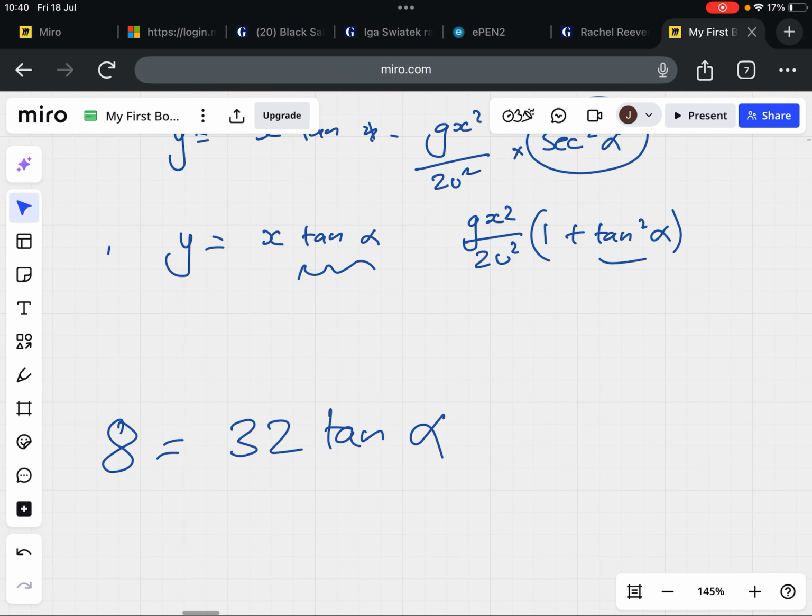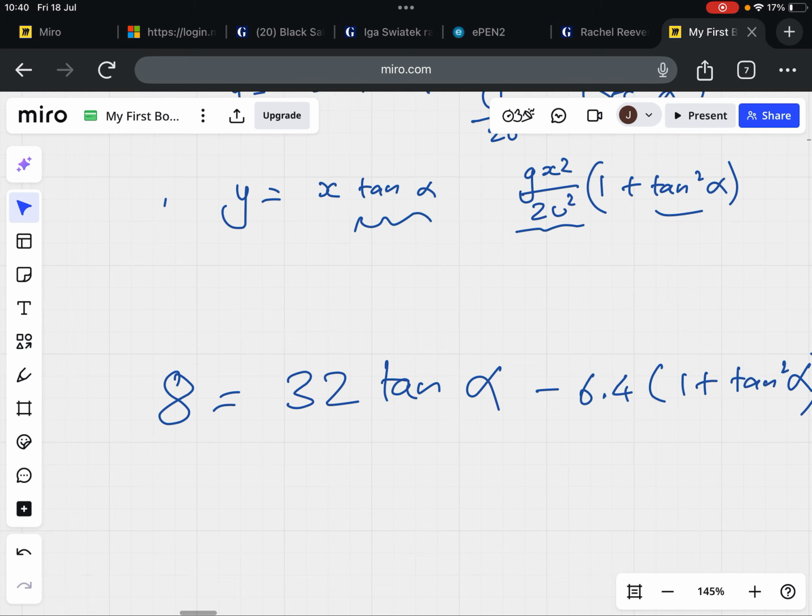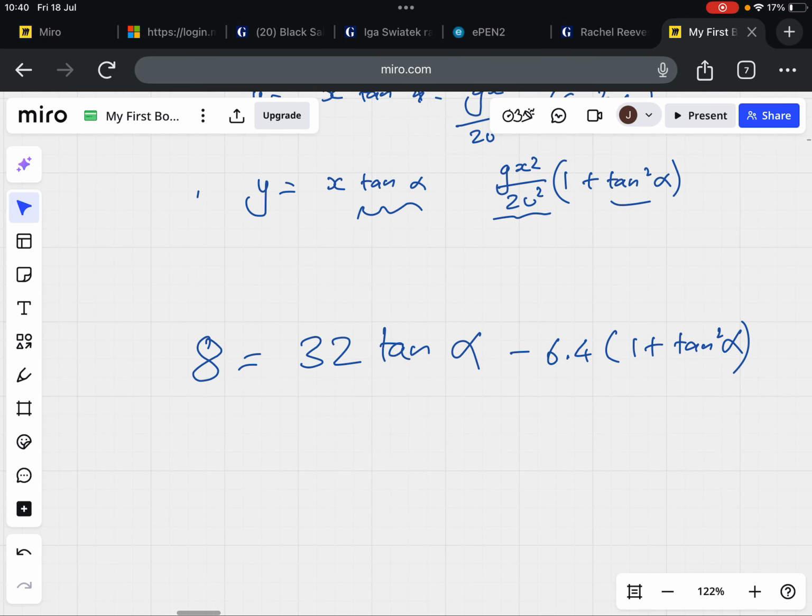When you use g as 9.8 and u squared and all of this sort of stuff here, this should turn into minus 6.4, 1 plus tan squared alpha. Okay, and this is a quadratic in tan. So you can expand it out, get 0.